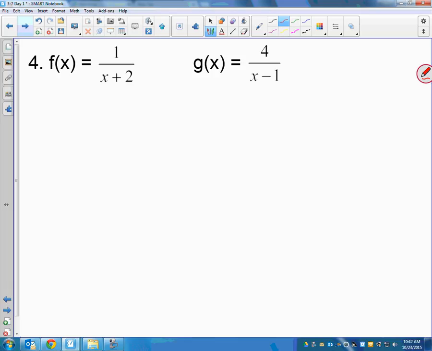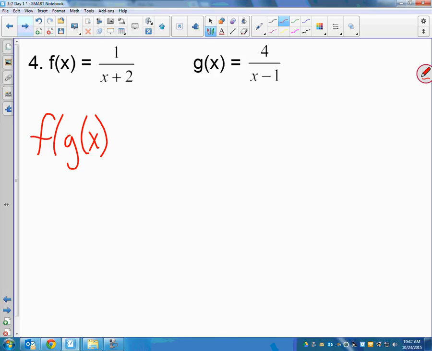With the square root ones, you're going to have to think about restricted domains. Same thing on this one. We're going to have some domain issues. So let's just do f of g on this because I don't want to spend forever on this.